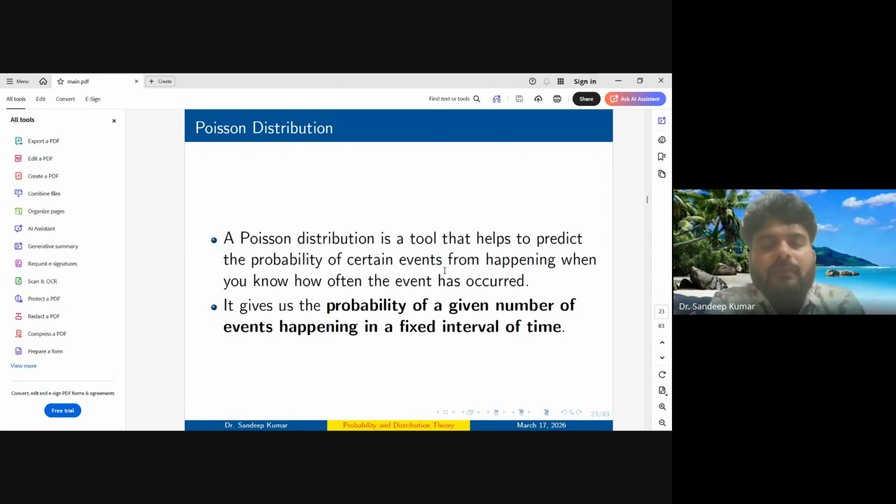But the binomial distribution is basically n independent Bernoulli trials. A Bernoulli trial means only two outcomes, failure and success, yes or no. If I take the sum of the Bernoulli trials, you get the binomial distribution.